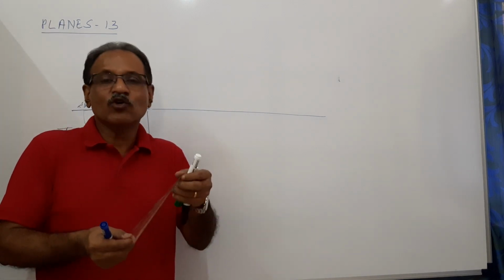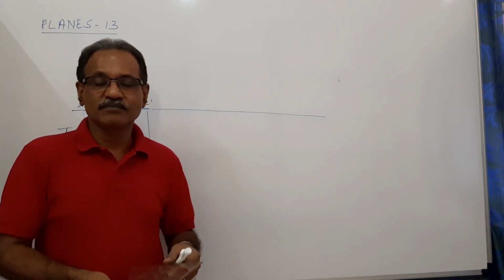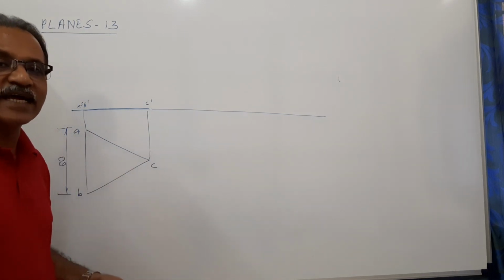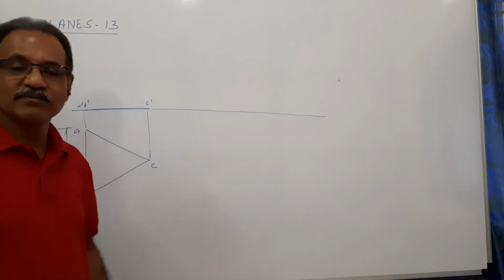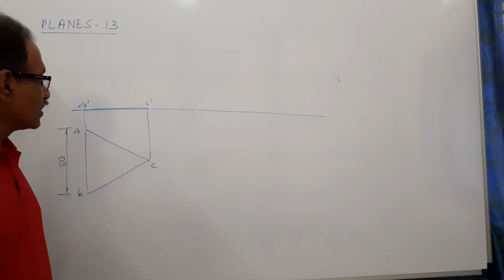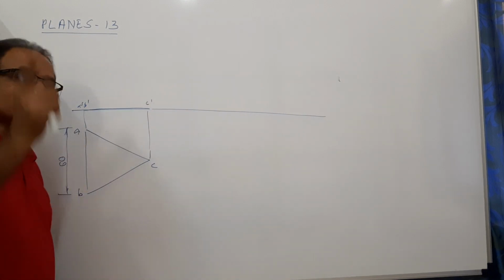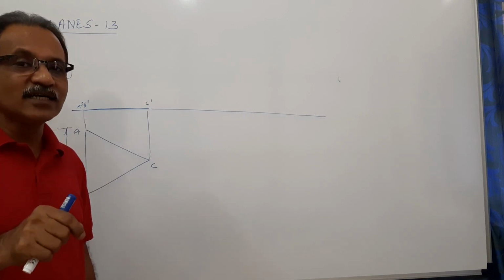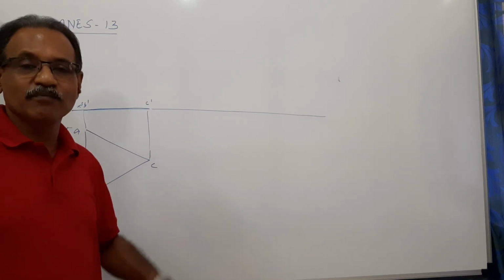You have to lift the corner C to such an extent that the plan becomes an isosceles triangle of included angle 30. How do you know that?